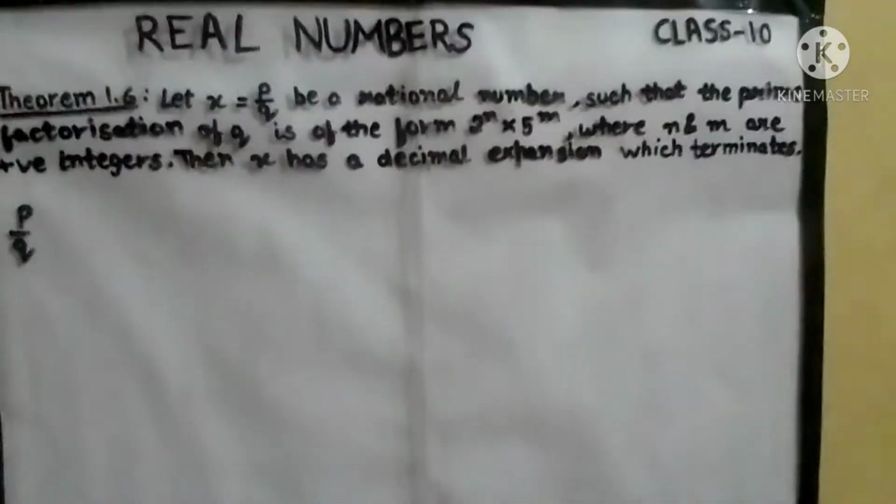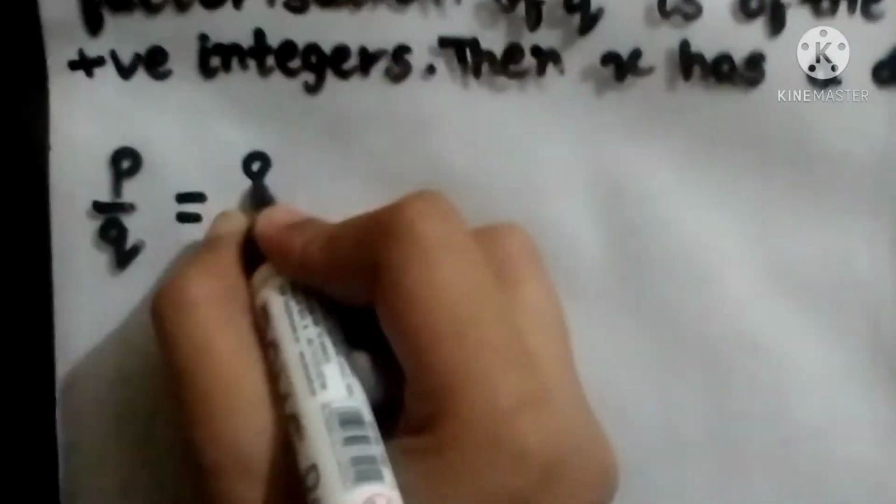So let's begin with an example. Take p by q. For p it can be 8.